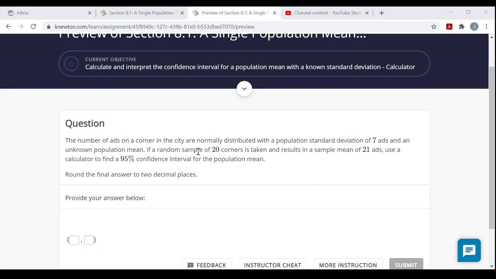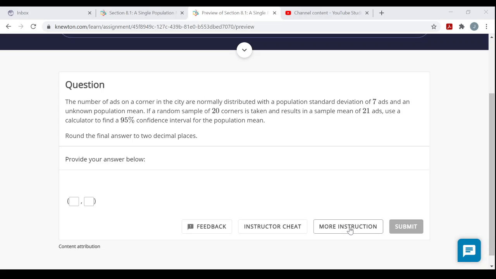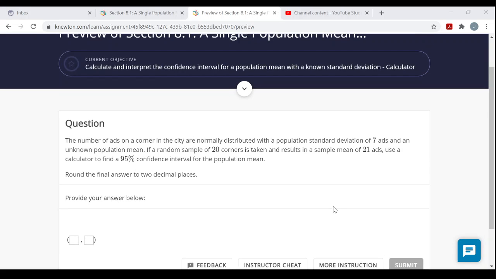Okay, so like I said, if you want to see how they're showing you how to use the calculator, click on more instruction and view how they're entering things in the calculator to find these confidence intervals. So the number of ads on a corner in the city are normally distributed with a population standard deviation of 7 ads, right? So that's sigma, population standard deviation 7, and an unknown population mean, right?